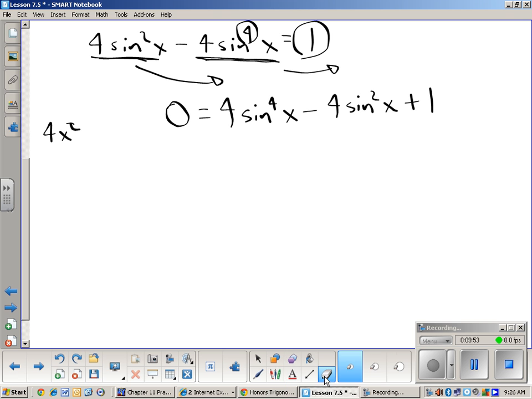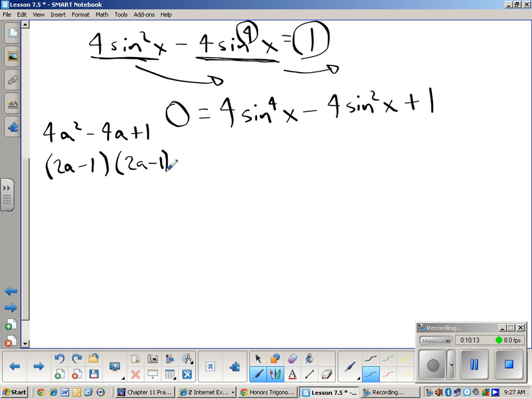Let me try this again. I'll choose a different letter than x, so I'm going to say 4a squared minus 4a plus 1. And that factors into 2a minus 1 times 2a minus 1. Okay? Which is 2a minus 1 squared. This is how this factors.